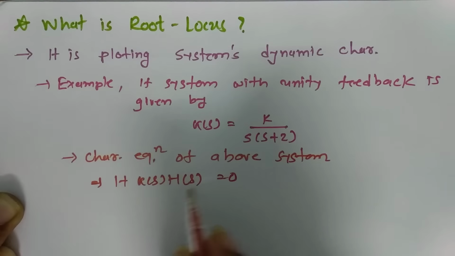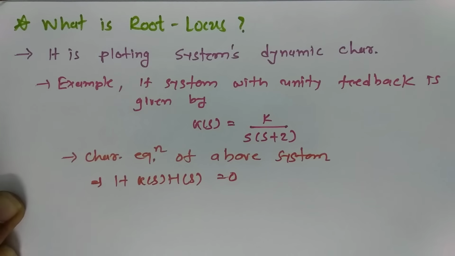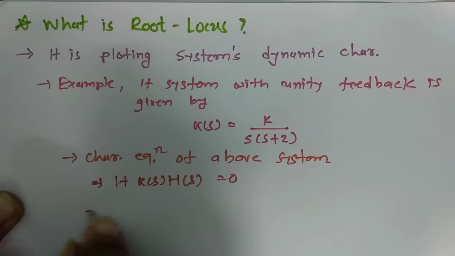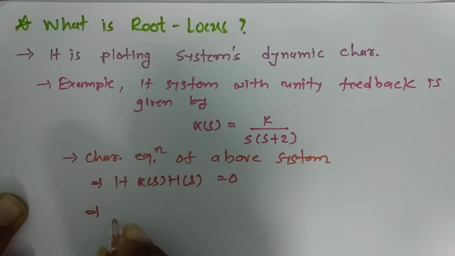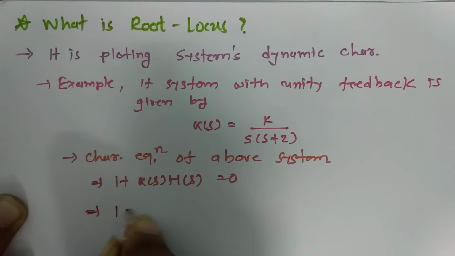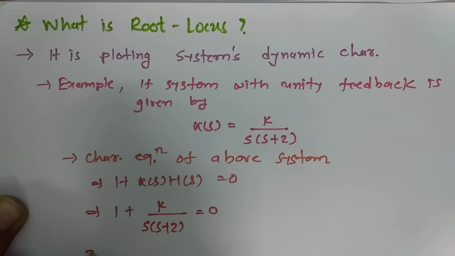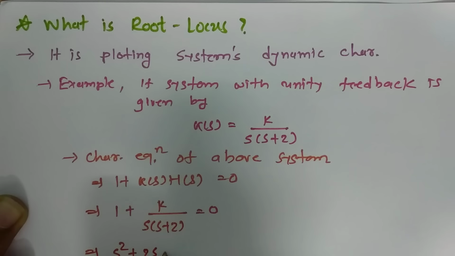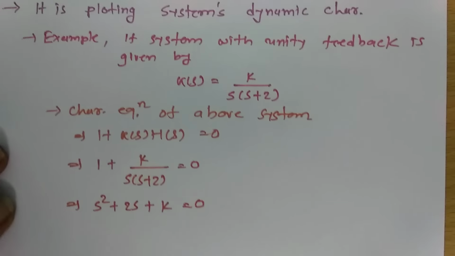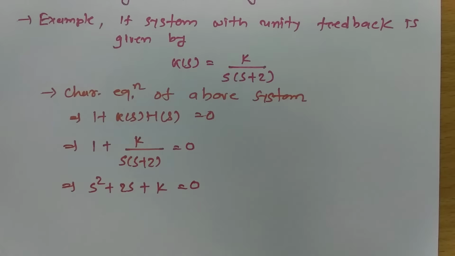Here H(s) = 1, because the feedback is unity. So the characteristic equation is 1 + K divided by s into (s + 2) = 0, which is s² + 2s + K = 0.